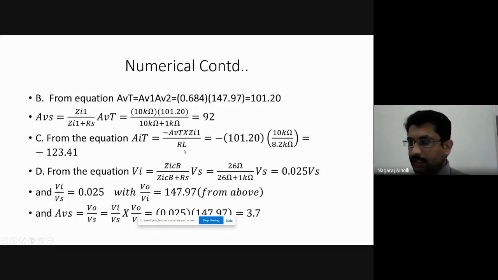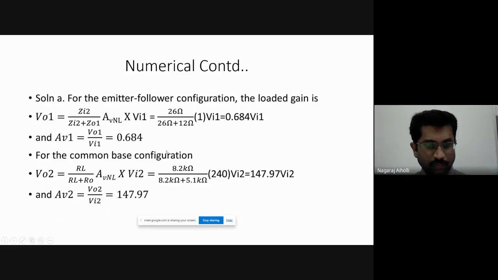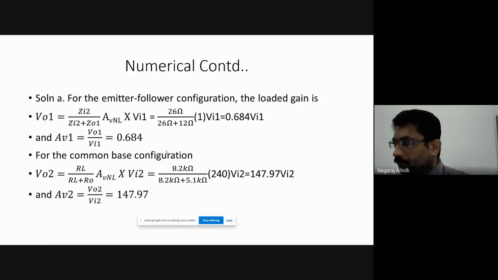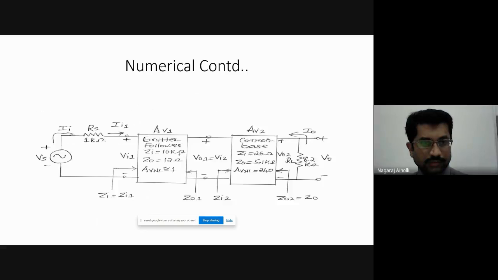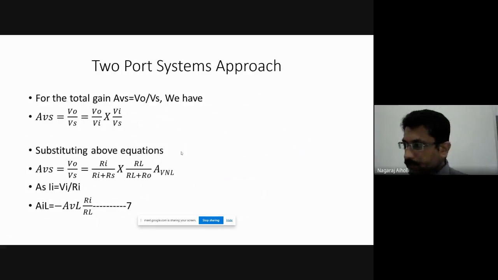Here, this equation we are getting from the derivation that we have already done for the two-port system. This equation 7, AIL is equal to minus AVL into RI by RL. This is the current gain equation, right?